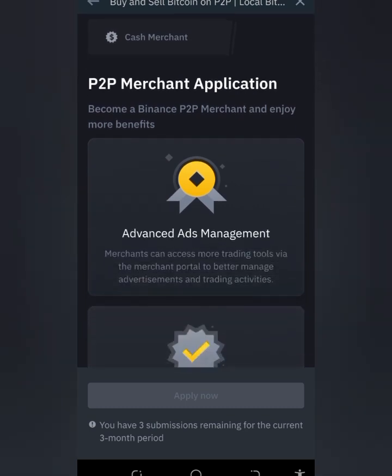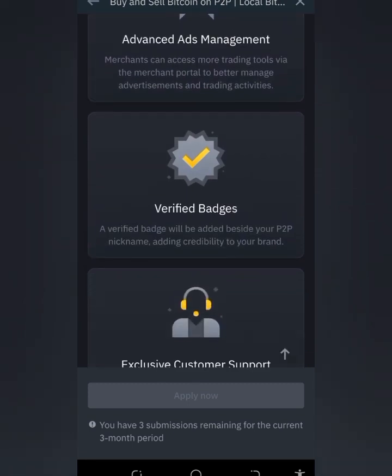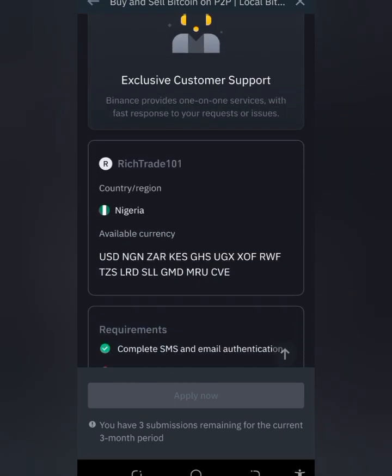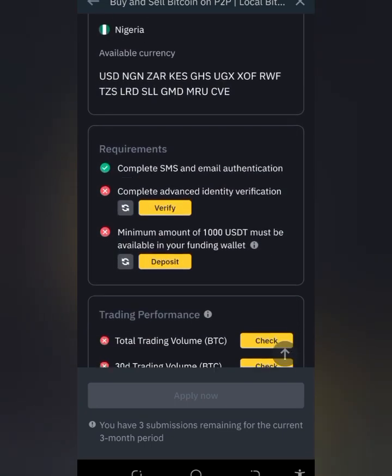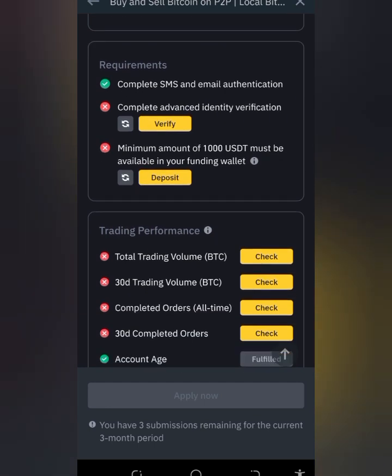All right. So you now slide down, you see you get advanced ads management opportunities. You get a verified badge. You get exclusive customer support. Wow, that's cool, right? This is my own location, right? But you can see here, it's saying that I need to complete all of these steps. It says that first I've completed my own SMS and email verification. I also have to complete enhanced identity, I haven't done that.